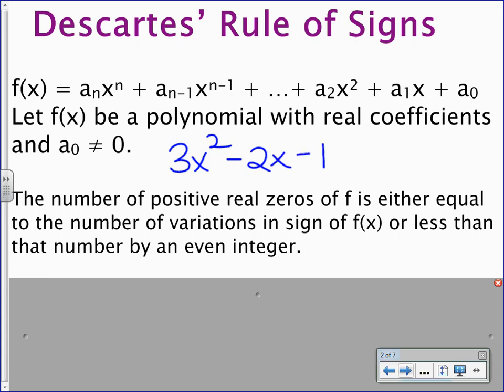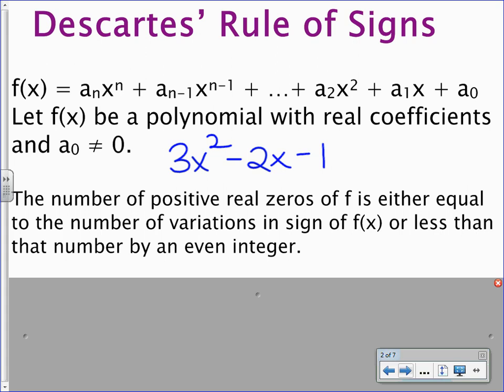Our first term is positive, our second term is negative, our third term is negative. Since our first term is positive and our second term is negative, that is a sign change. And when it goes from negative to negative, that is not a sign change. So from one term to the next, if your sign changes, that is a sign variation. That's what you're going to count up.